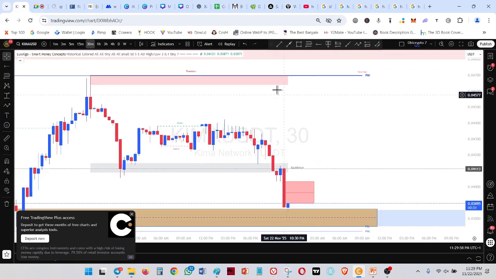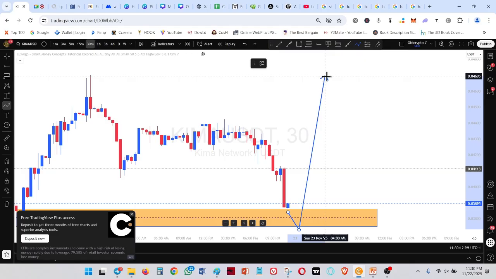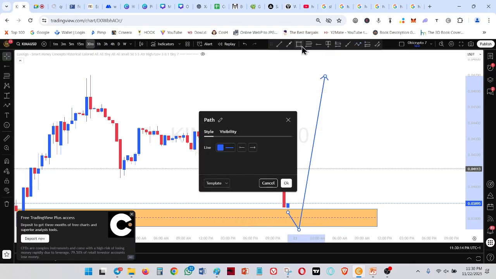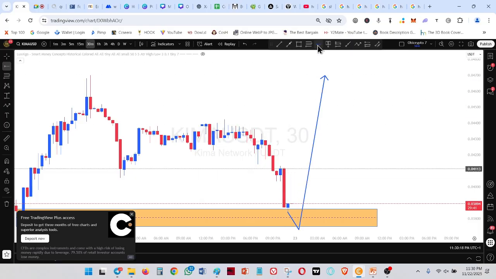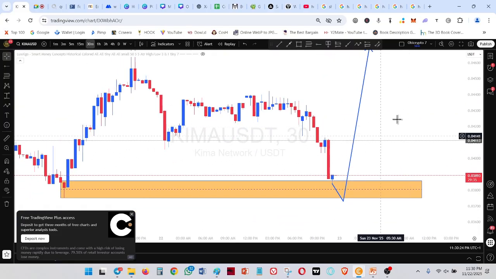Okay, this is the premium here. So I should be expecting Kima network, worst case scenario, if it doesn't turn over from here, it should come down like this and then move over to this top here. I'm talking about the liquidity that is buried here. So from here, Kima network should be going up here.